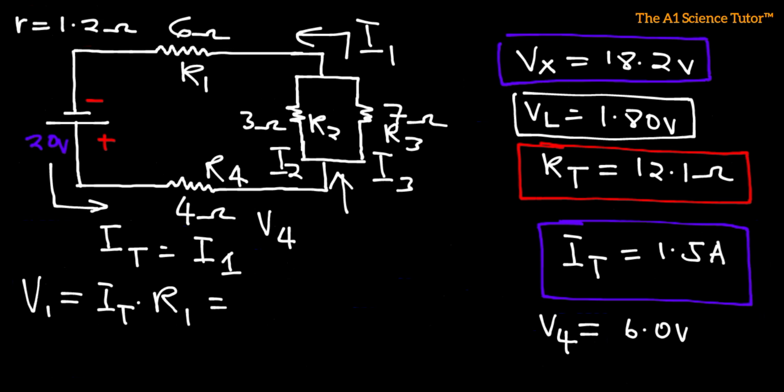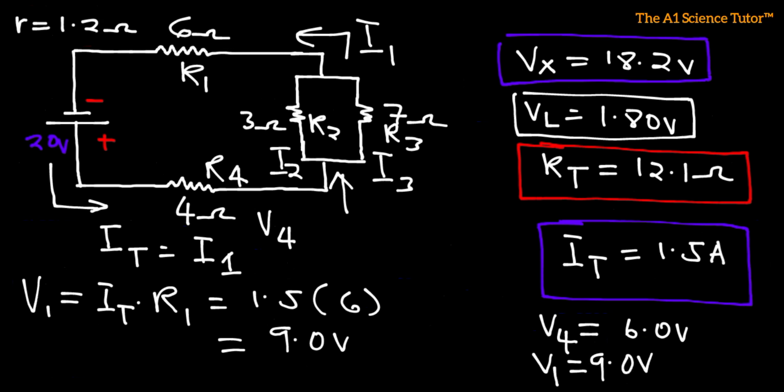Now we know that I1 is 1.5 and R1 is 6. Now if you multiply 1.5 by 6, that will give you 9. So we have 9.0 volts. So that is going to be V1. V1 is 9.0 volts.